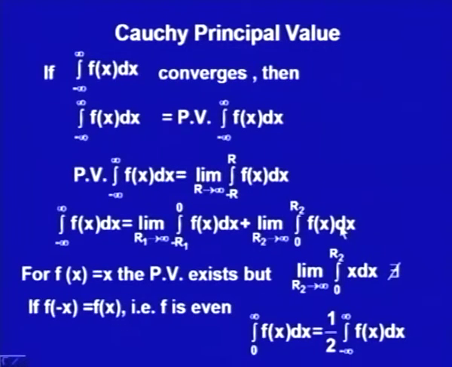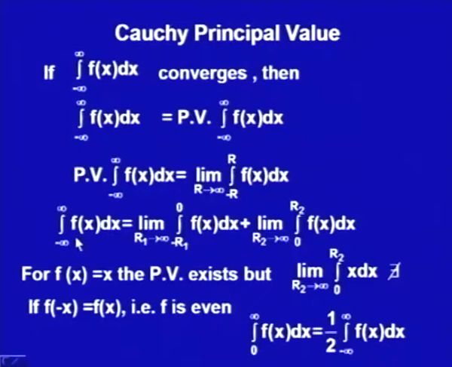Since this is existing and the function is even, we could say that this limit is also existing, since I just change x to minus x and this integral would be converted to this integral, and the whole limit of this integral would be converted to the limit of this integral. So, if it is existing, this would also be existing. What it says is, if the Cauchy principal value for an even function is existing, both these limits would be existing.